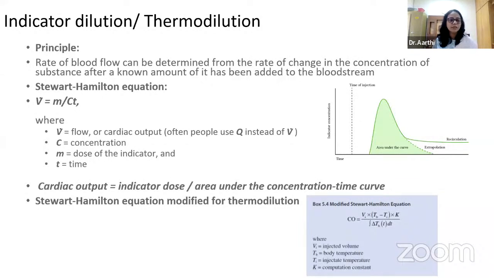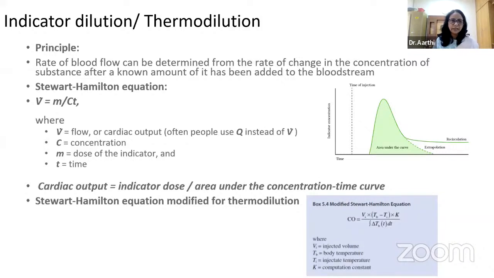The principle to assess the cardiac output is that the rate of blood flow, hence the cardiac output, can be determined from the rate of change in the concentration of a substance after a known amount of it has been added to the bloodstream. So Stewart Hamilton arrived at an equation where flow is directly proportional to the dose of the indicator and inversely proportional to the concentration time curve.